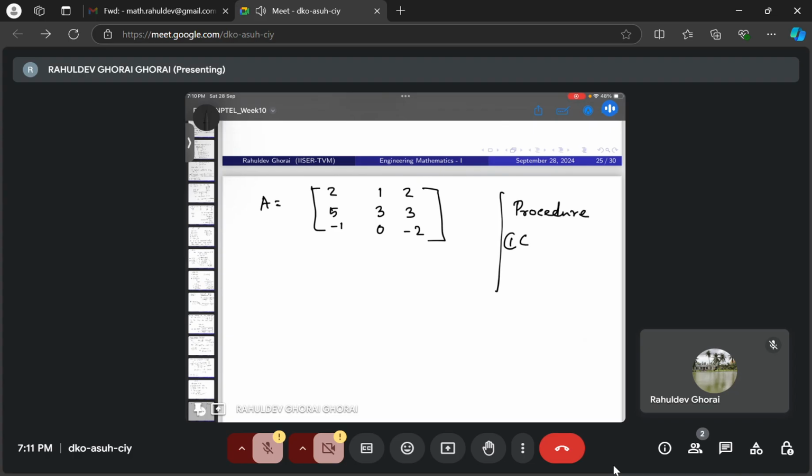First, the characteristic equation. Second, use the Cayley-Hamilton theorem. Third, multiply by A inverse if it exists, because in this case it will exist, because it is asking to find A inverse, right?